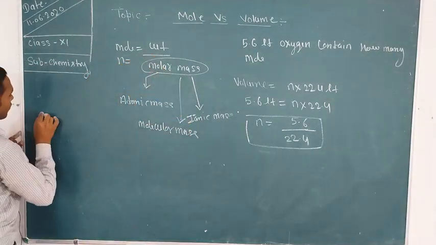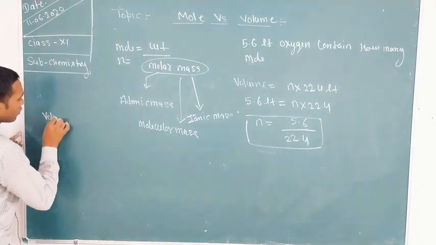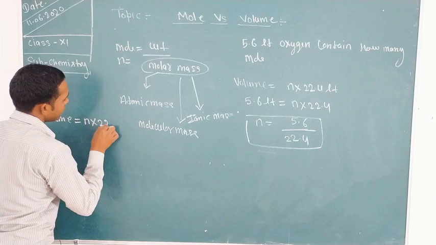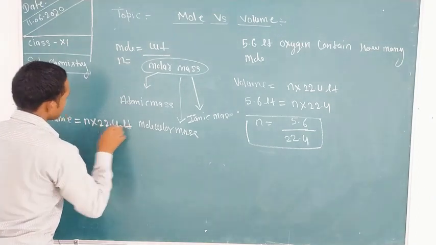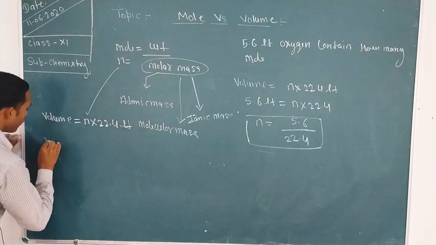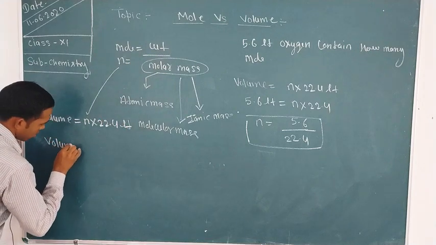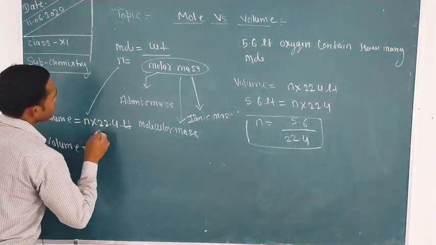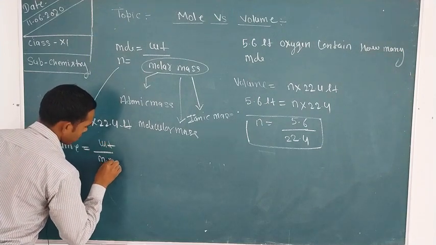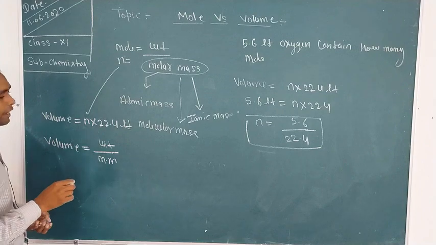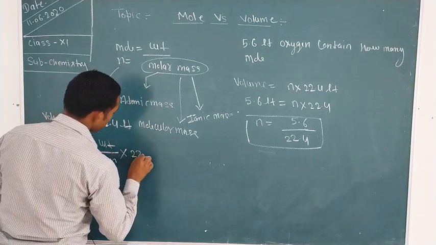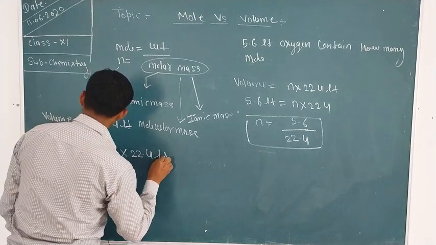And by using that, we know volume equals n moles into 22.4 liter. So in place of n, we can write volume equals weight upon molar mass, meaning molecular weight or ionic weight, into 22.4 liter.